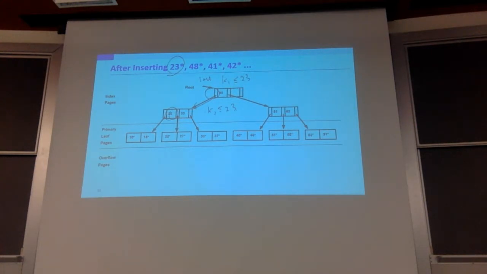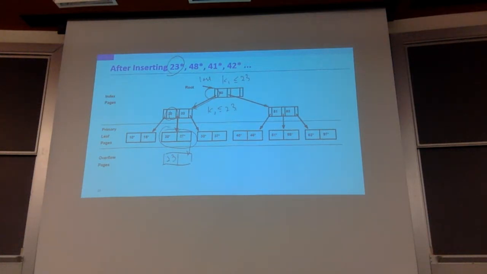Then you follow this link, and if 23 exists in your tree, it should be in this page, but it's not there. You're inserting it, and this page is already full, so you do not have any space for 23. What you do is create a new page, put 23 over there, and add a link from this page to the additional page. This is called an overflow page.